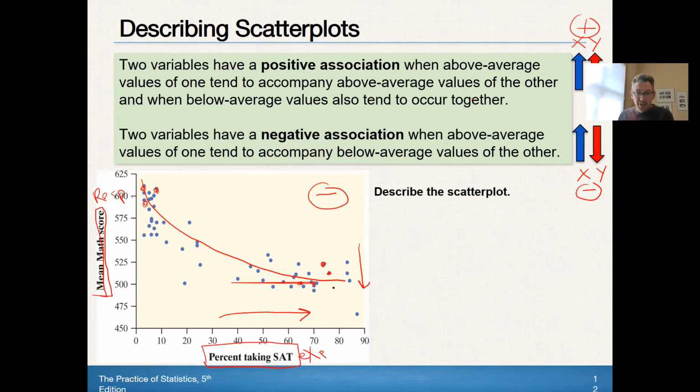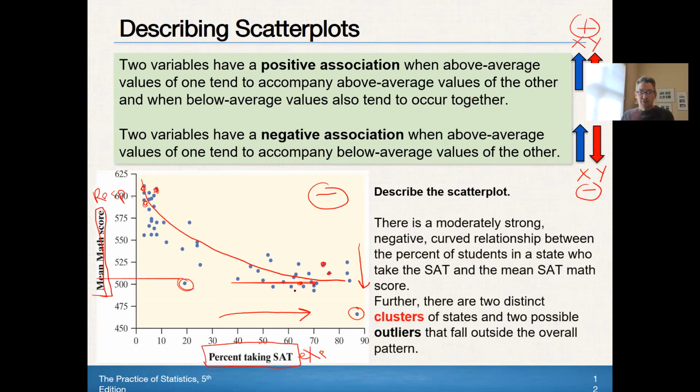Do we see any unusual points, any unusual outliers? This one could be. That's a high percentage of students taking it and a pretty low mean math score. That kind of looks like it breaks out of the pattern. Some of you might think this one also breaks out of the pattern a little bit. So if I was to describe this, here's how I described it.